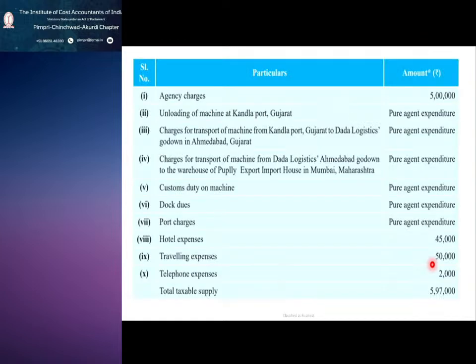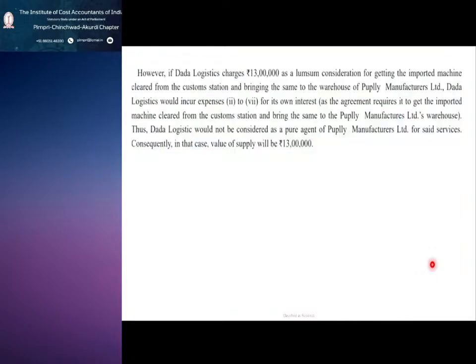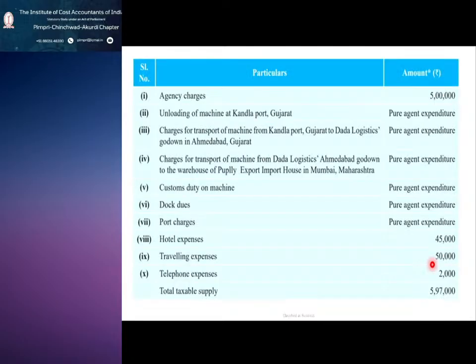Generally the invoice will have reimbursement expenses in one column and his taxable value separately. All pure agency invoices are generally like that. But if he does not give you this breakup and says directly, for clearing this particular import of machine, my agency fee is 13 lakhs, you get only one line in the invoice as 13 lakhs agency fees.